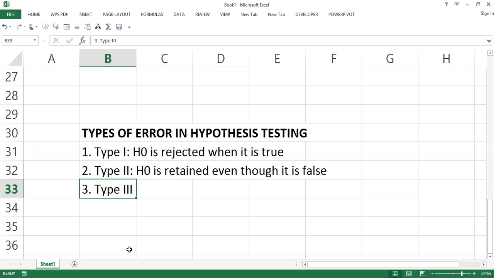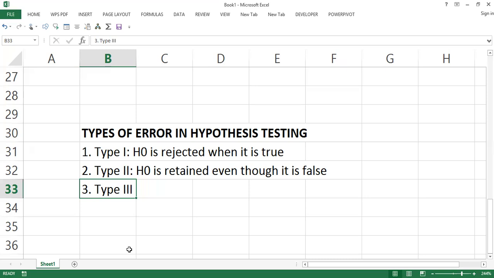Now, let me use another example so we can see the gravity of type 1 and type 2 error. Type 1 error could be, for example, a patient being tested for cancer, whether the person has cancer or not.